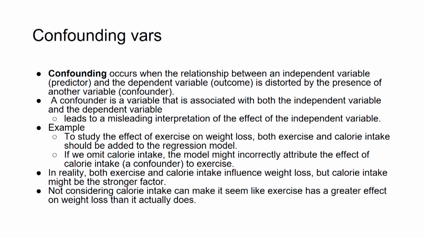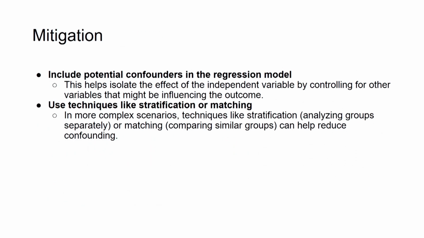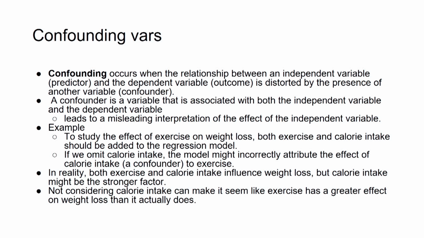So, if we do not consider calorie intake, there may be a problem. So, what can we do? We can divide the data set into two parts. In one part we have those instances where calorie intake is low, and in the second part of the data set calorie intake is high, and then we create our model for both of these parts and check whether the results are consistent.